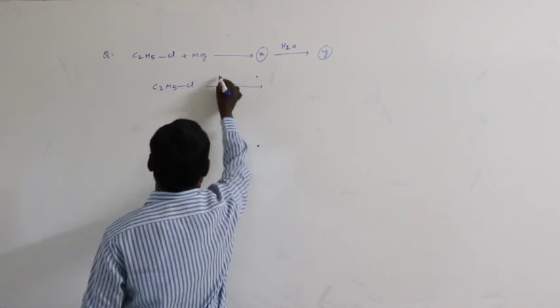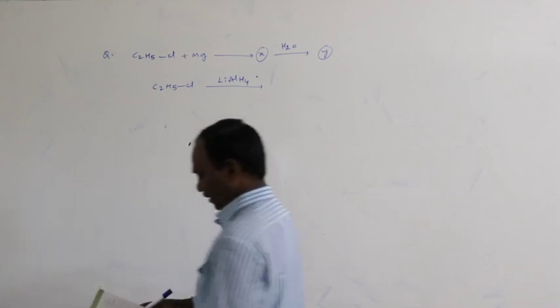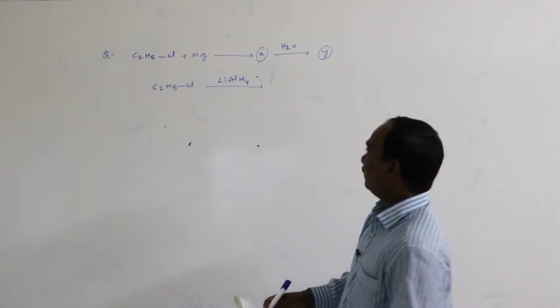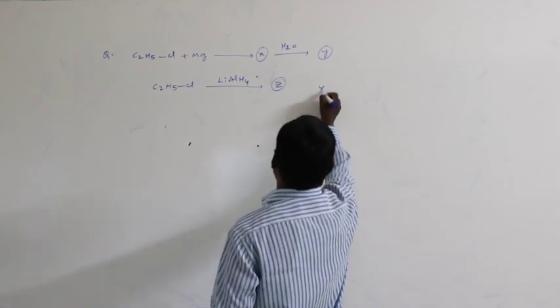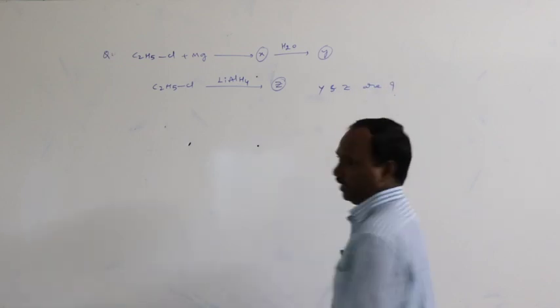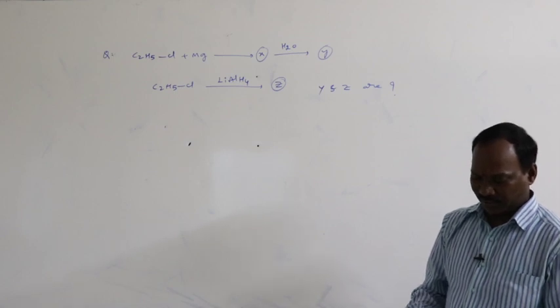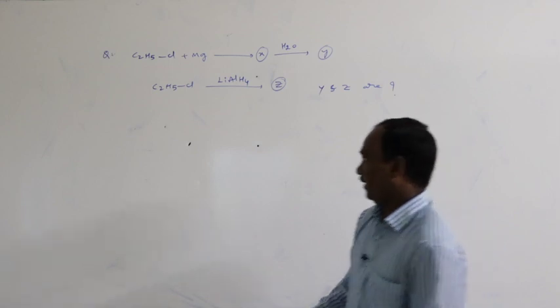C2H5Cl with lithium aluminum hydride, LiAlH4, gives Z. Then Y and Z are what? Options: same alkenes, different alkanes, same alkanes, and alkynes.